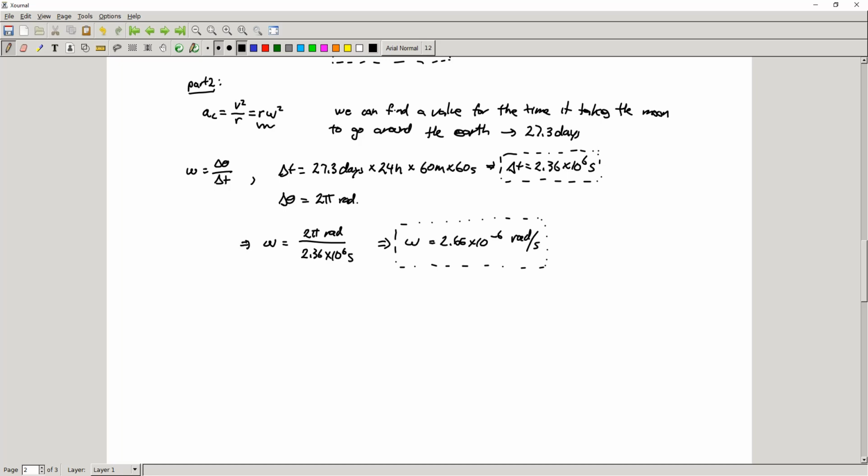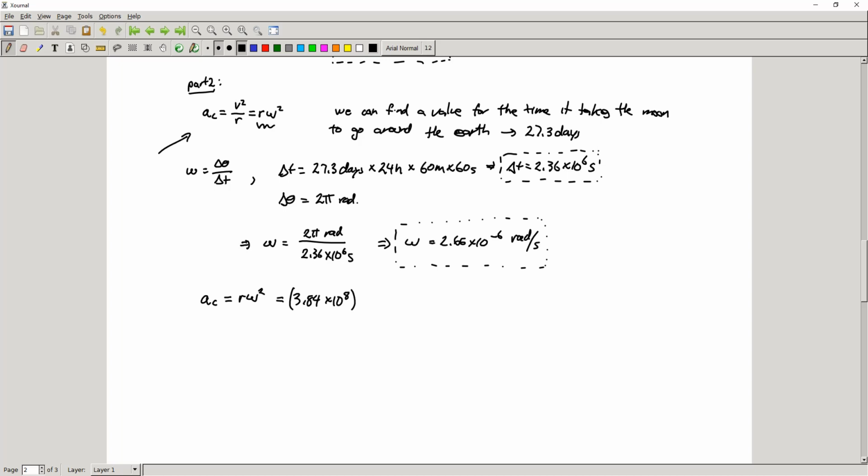And so what do we have here? Well, we have our omega, and looking at the equation from above, we can grab our centripetal acceleration. First we'll start off with the radius, which we had from above, that we would have had to look up. That was 3.84 times 10 to the 8 meters.